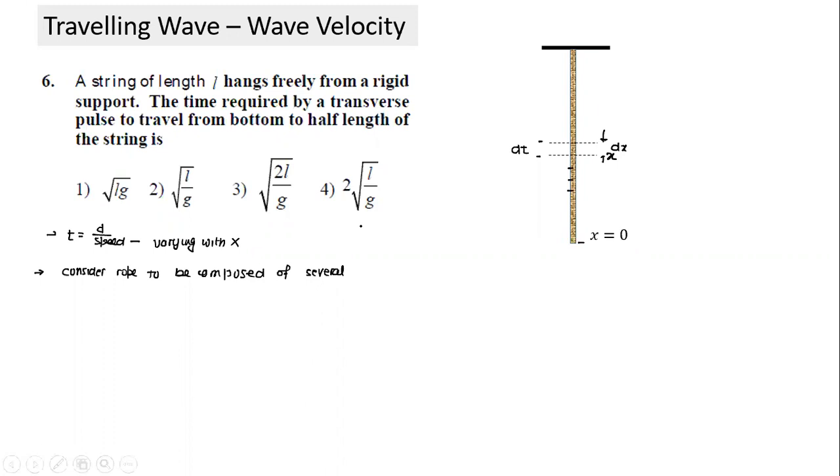The scheme is to take several elements and calculate dt, the time to travel distance dx, and then integrate. I hope this idea is clear.